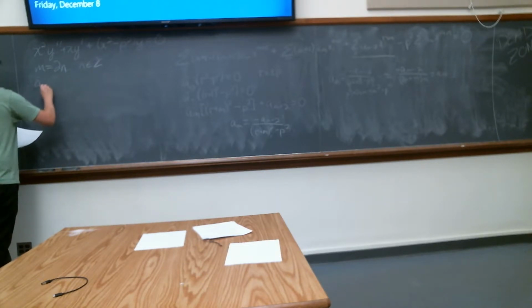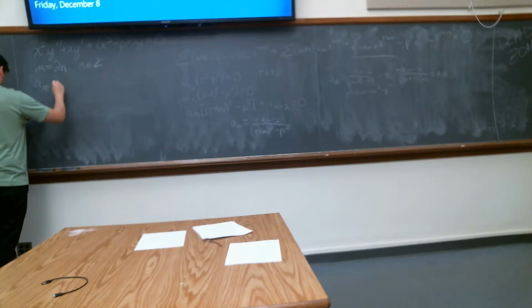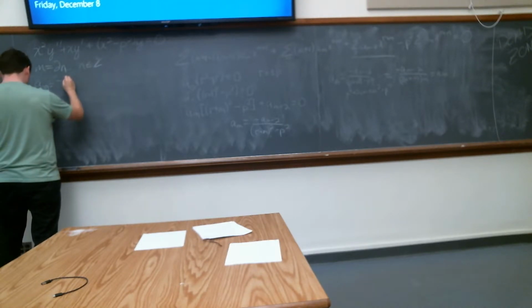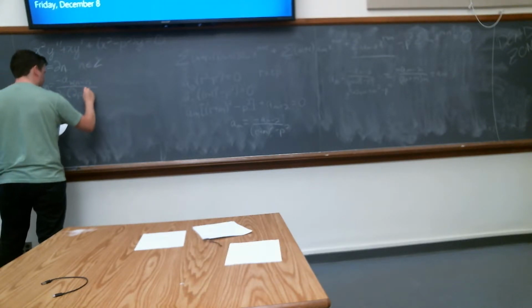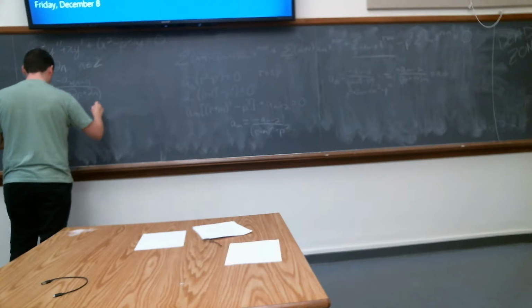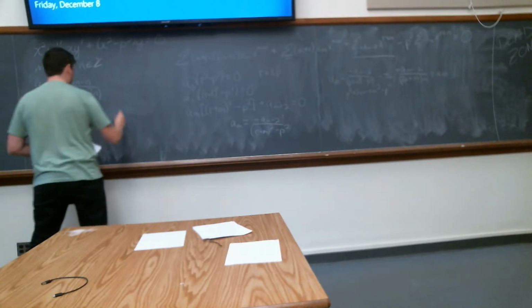So we have a to the 2n is equal to minus a 2n minus 1, all divided by 2p plus 2n. And now I'm going to do annoying algebra.